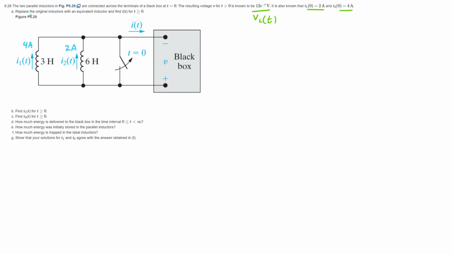Now, first step is we want to find the equivalent inductor for these two inductors. And we're going to use the rules that we did in the last problem. So 3 in parallel with 6 is going to be 2 henry. We're also going to need to find out what the total i_L for the equivalent inductor would be at 0.